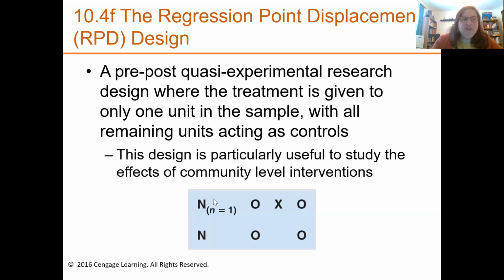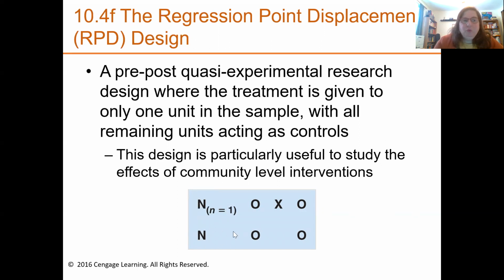So we're going to do a major awareness campaign about COVID vaccines. We're going to hit hard one community, let's call it a particular town or city.